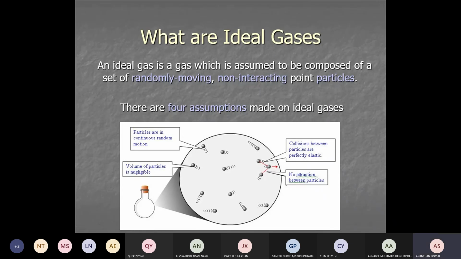So what is ideal gas? In one single line, I told you, it's a type of gas that obeys the equation of state, the gas laws. PV equals nRT, at any pressure, volume, and thermodynamic temperature.